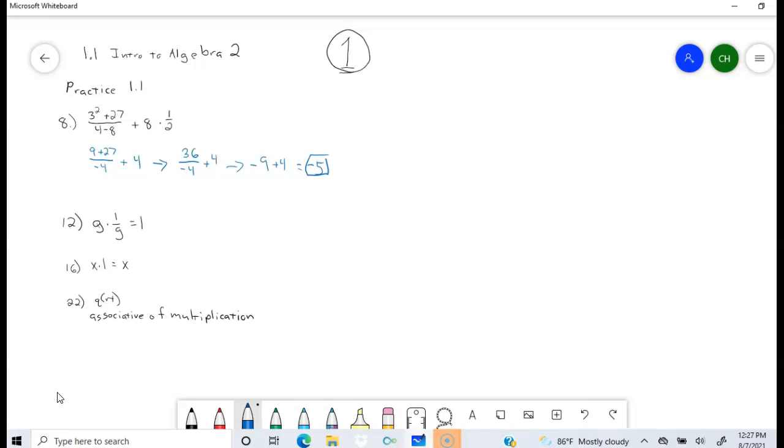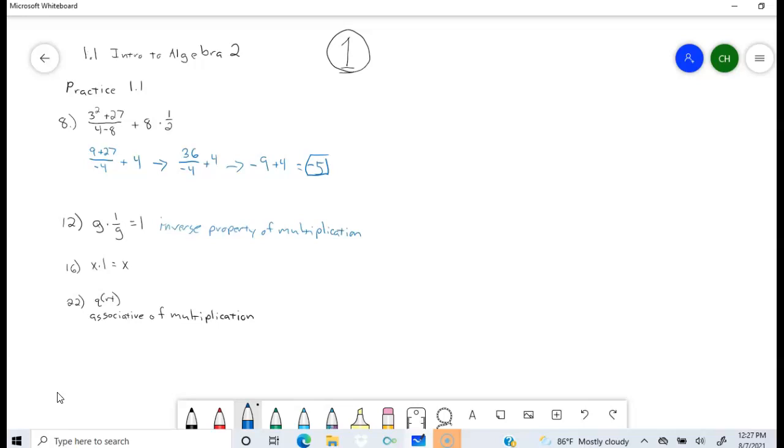It's using the inverse property of multiplication. No real work there to do, just be familiar with those properties.